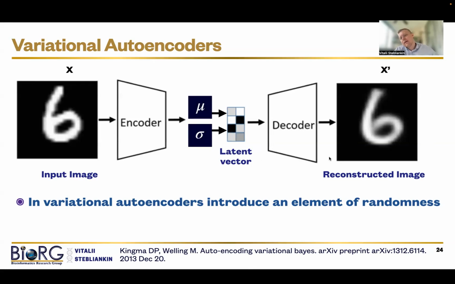Then it goes to the decoder, and it will generate some image X prime. So basically, instead of generating a deterministic latent vector, we're going to guess the statistics, the mean and standard deviation, and then sample some latent vector from this distribution.